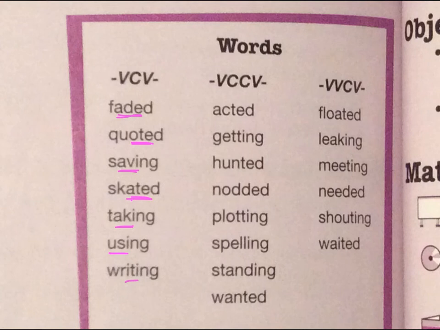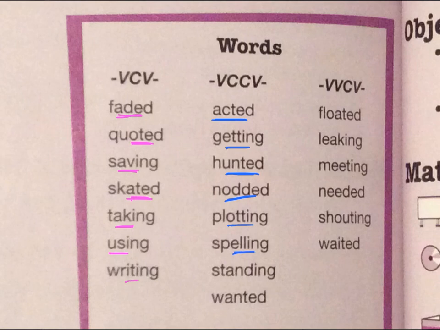In our second column, we were looking for words that had the vowel, consonant, consonant, vowel pattern. So you should have acted there. ACTE is your pattern. Getting has that double consonant T. Hunted, it's the UNTE, follows the pattern. Nodded has the double consonant D. Plotting has the OTTI.